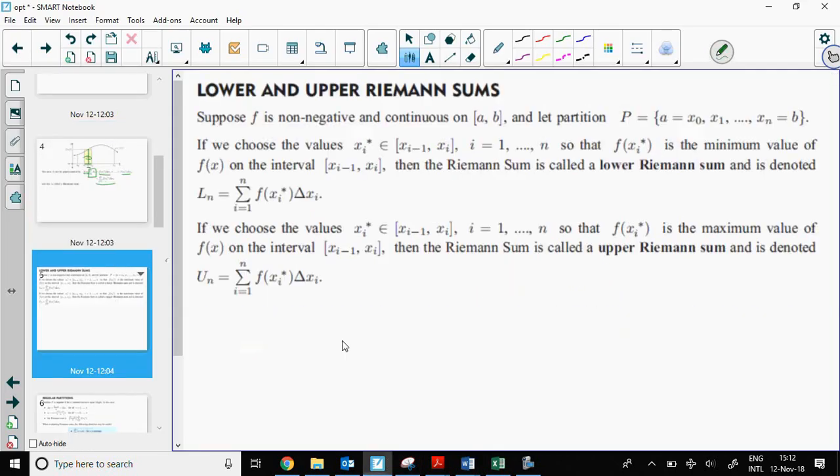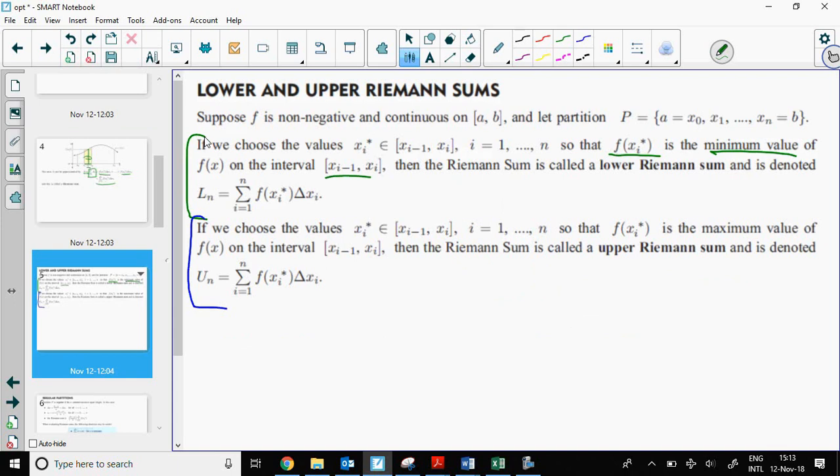And here's what the book has to say about that. This is going to be all about our lower rectangles. This is going to be all about our upper rectangles. So we're choosing our x sub I star so that its associated y value is the minimum value within its subinterval.